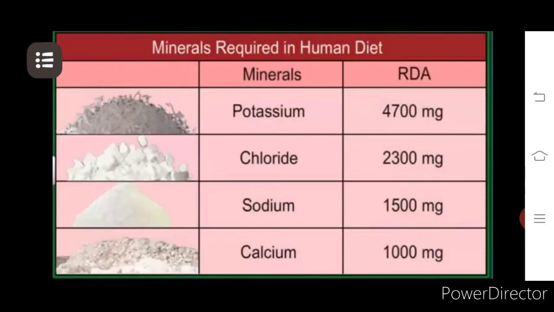Some minerals are essential for our body to carry out its chemical and biological processes. These minerals are required in very small quantities, but are essential for the proper functioning of the organs in our body.